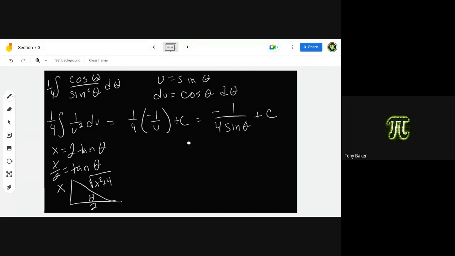So I have sine, or if I really wanted to be crazy, I can move the sine back up top, so I don't have to flip things over. But I'll leave it there for right now. So I have negative 1 over 4, and then sine is opposite over hypotenuse.